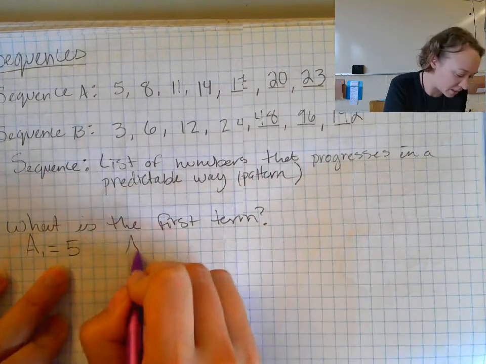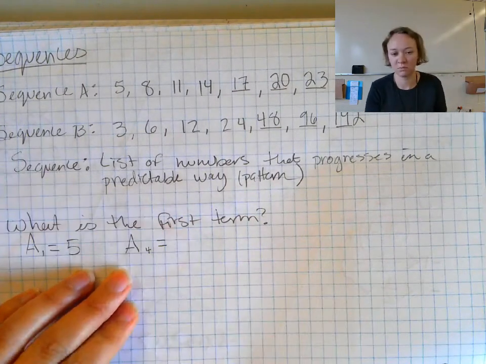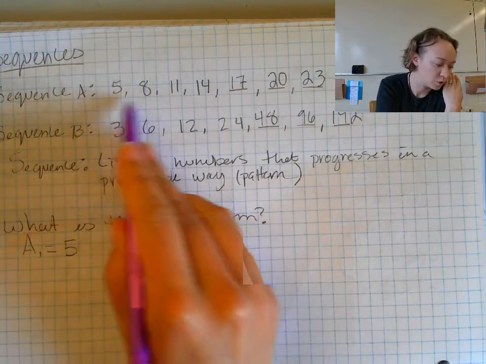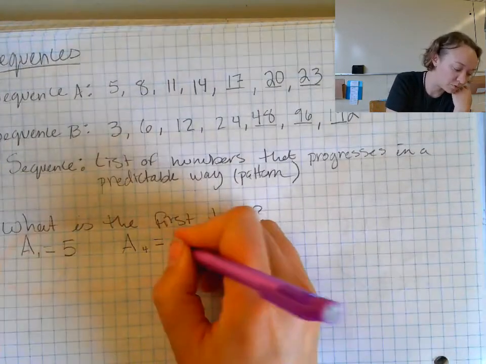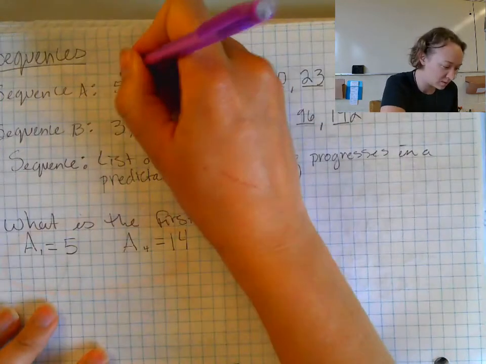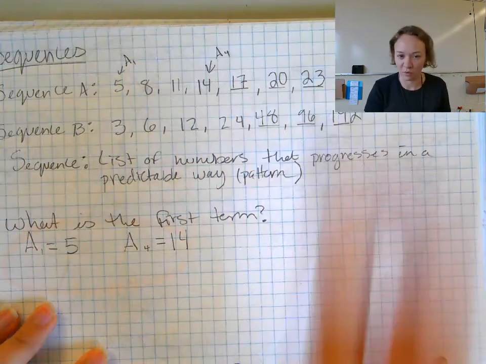What is A sub 4? That would be like the fourth term. 1, 2, 3, 4. So A sub 4 would be 14. All right, that's A1. This is A4.